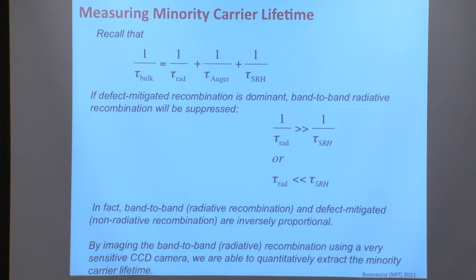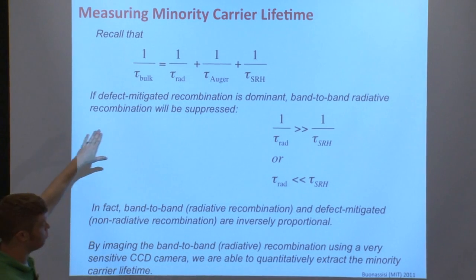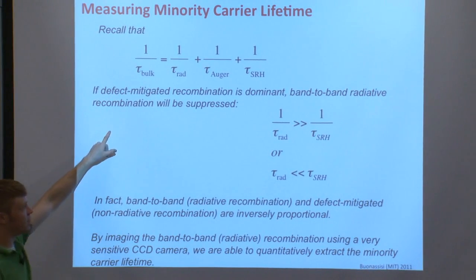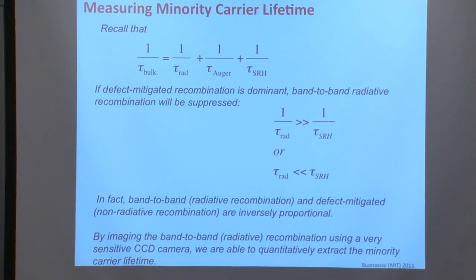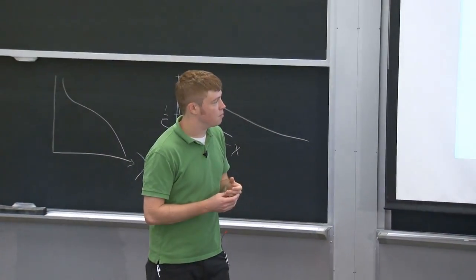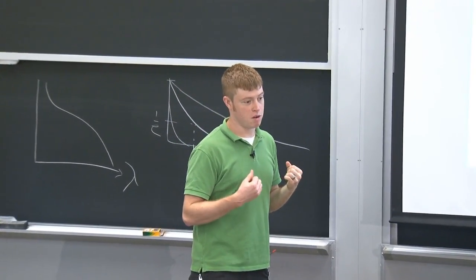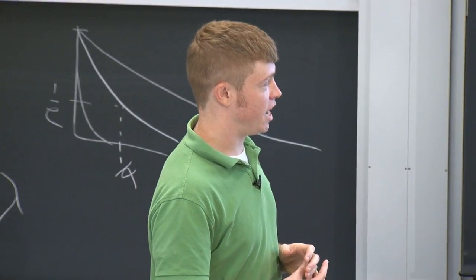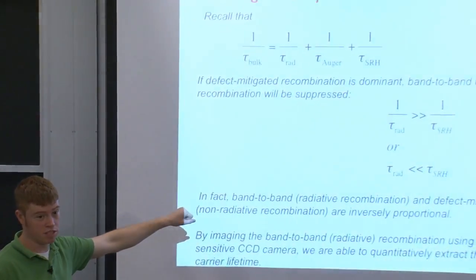OK. So you're probably bored of hearing me say this, but again, we're always limited by our weakest. So in defect-mitigated recombination materials, where your shortest lifetime is due to some kind of Shockley-Read-Hall recombination, your lifetime for Shockley-Read-Hall is always going to be much, much shorter than your radiative lifetime, which is a characteristic we can exploit for measuring the lifetimes of our materials.